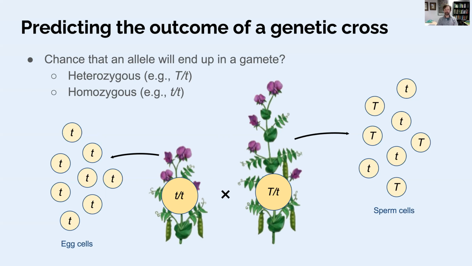So predicting the odds of ending up in a gamete, we can do that with these guys over here, which will be 100% little t, and over here would be 1/2 or 50% big T and 1/2 or 50% little t, right? Not too hard to figure that one out.